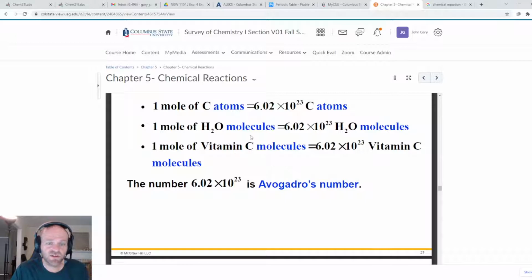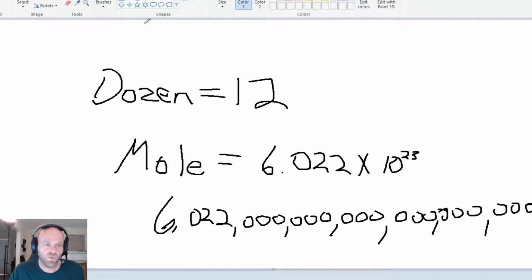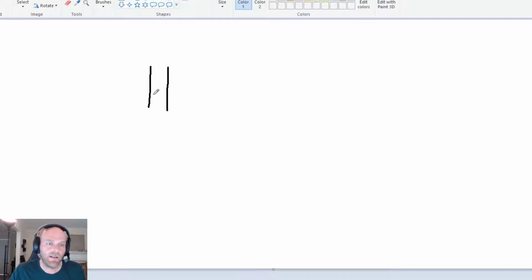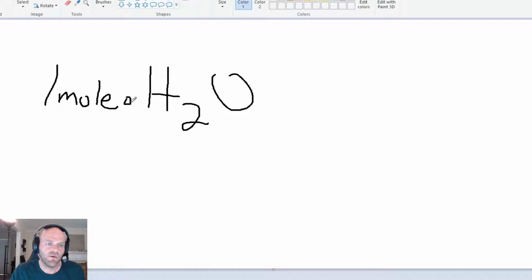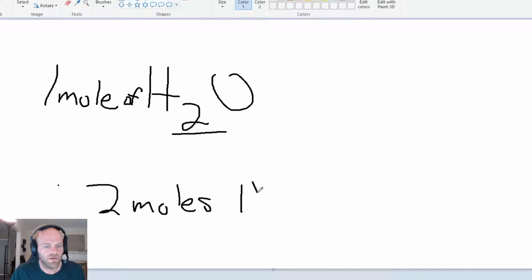Now, one thing I want you to keep in mind is, say I have 1 mole of H2O. Let me pull this back up. 1 mole of H2O. All right, 1 mole. Make sure y'all can see it. 1 mole of H2O means that I have 2 moles of hydrogen and 1 mole of oxygen.